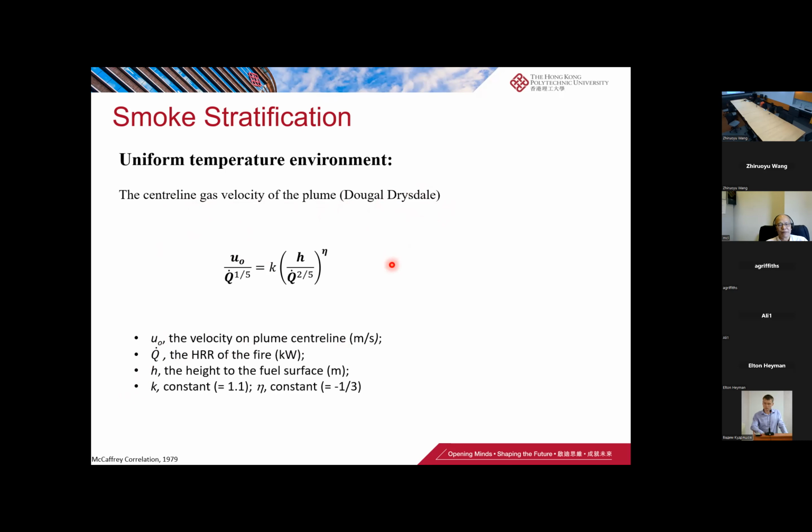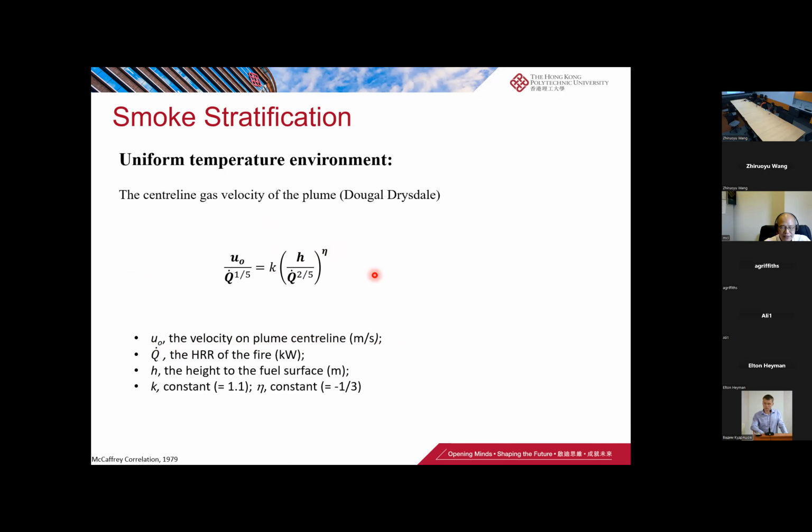This is one of them. U0 is the plume centerline velocity. Q is the total heat release rate. H is height, the location we are looking for, and the others are constants.